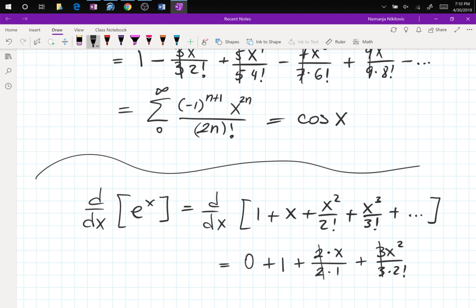Look at that. You got it. It's the same, right? 1 plus x plus x squared over 2 factorial plus. So the derivative of e to the x is e to the x, because you get the same power series when you differentiate.